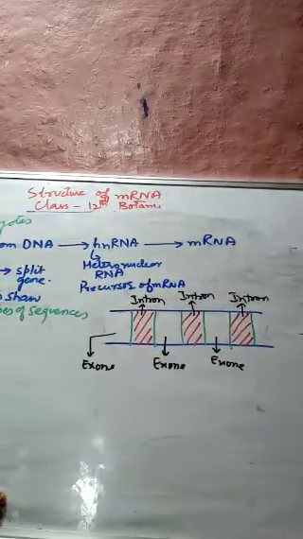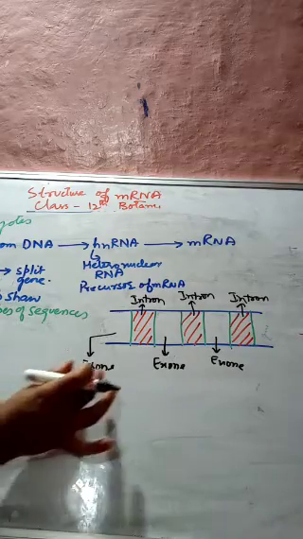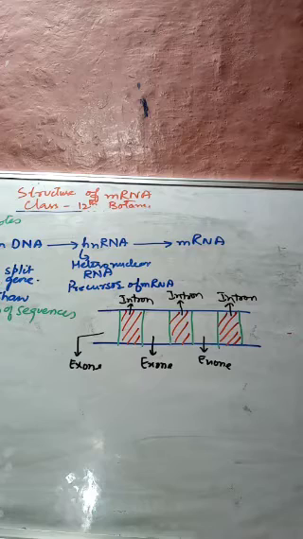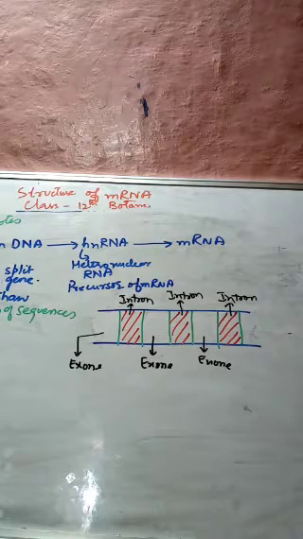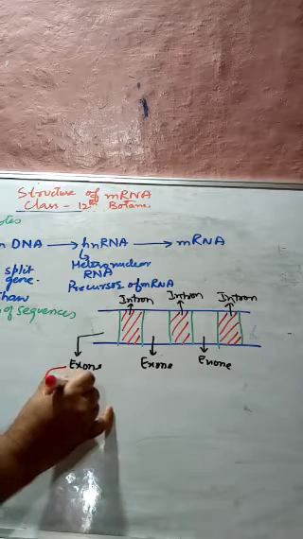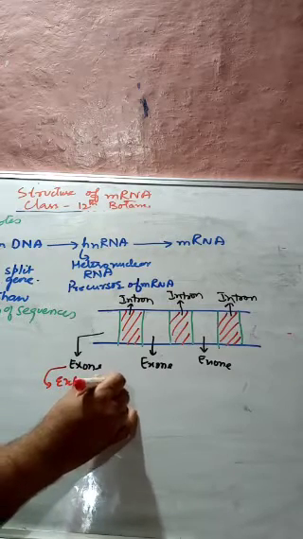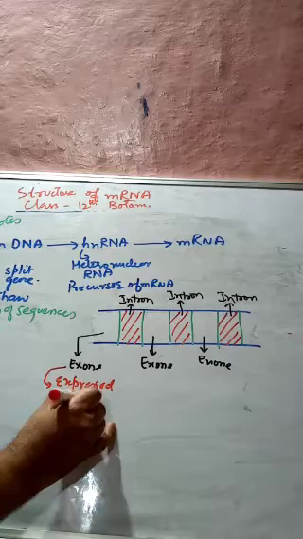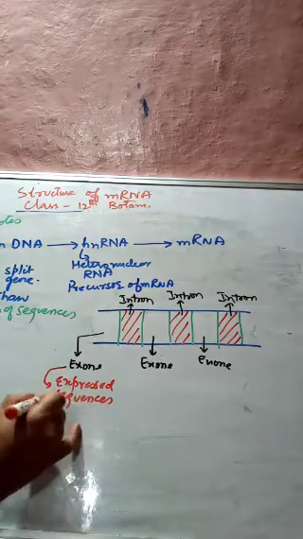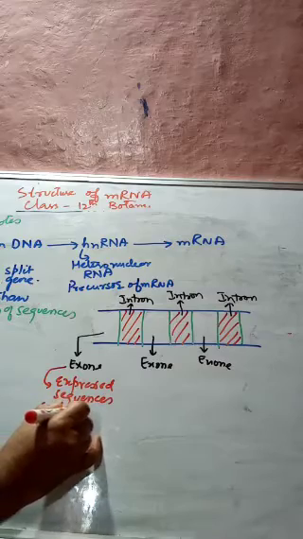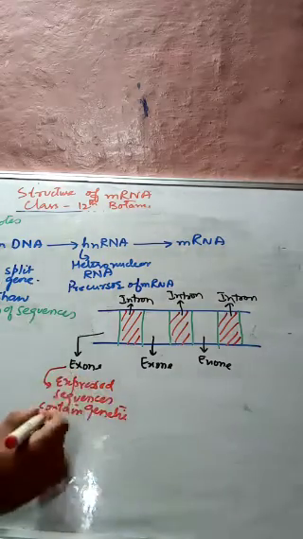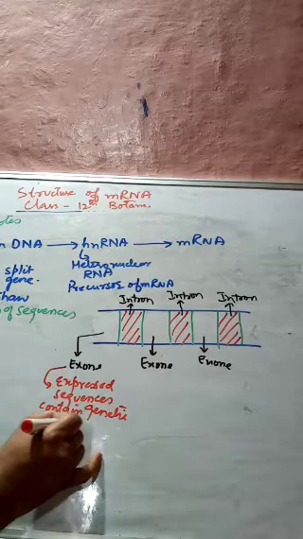Now what happens? What is the function of exons, and what is the function of introns? What are exons? These are simply expressed sequences. They can be expressed, and they contain genetic information.